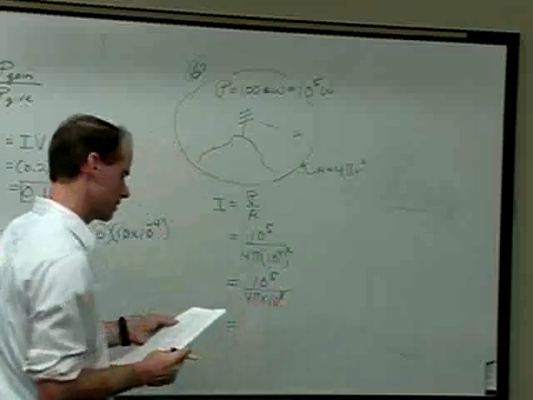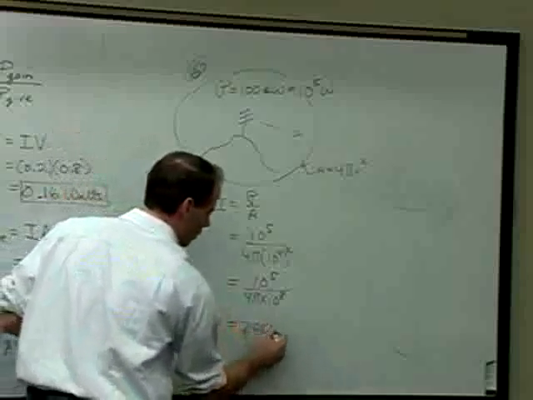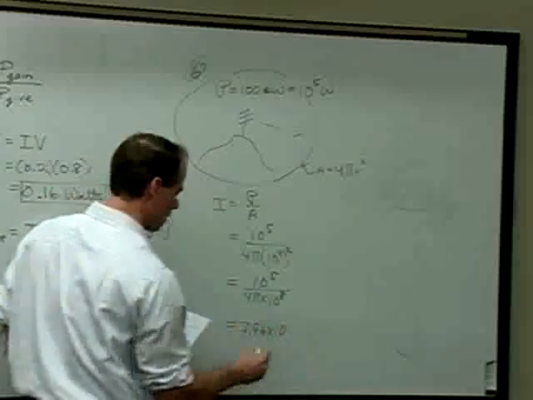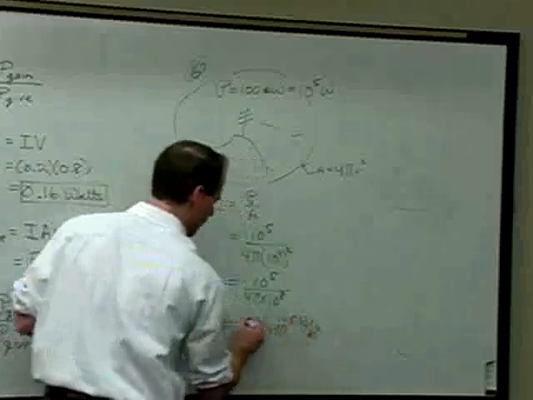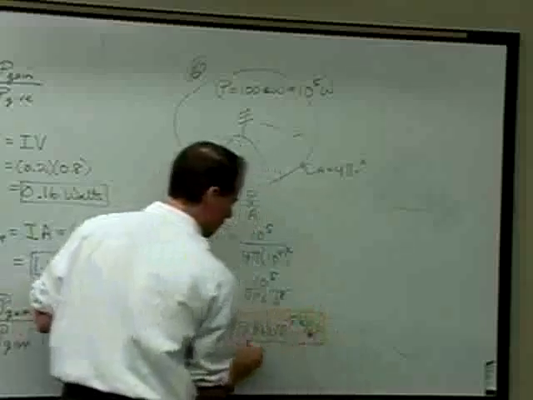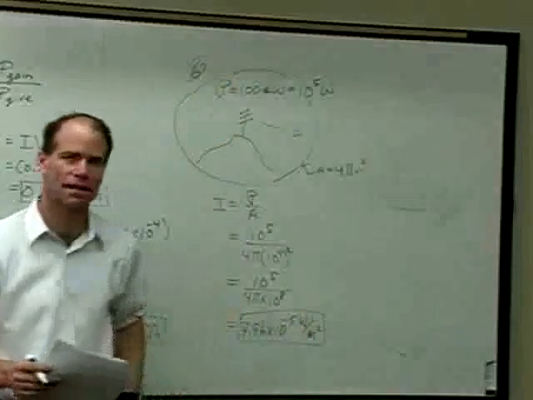And that's going to be an intensity of 7.96 times 10 to the negative 5 watts per meter squared. So anywhere on that sphere is the intensity that you would receive.